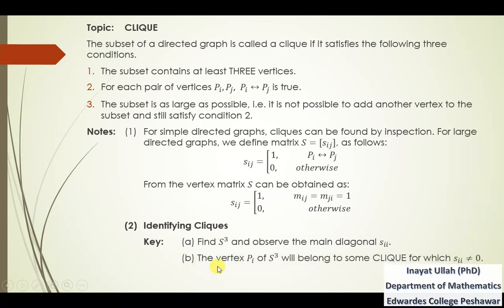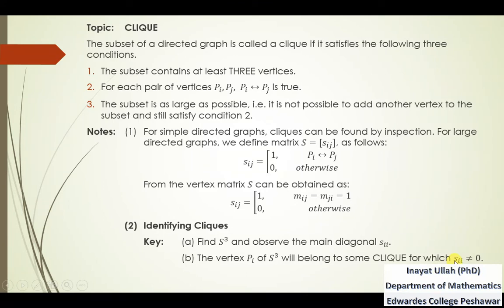Secondly, the vertex P_i of S cube will belong to some clique for which the diagonal entry S_ii is not 0. If S11 is not 0, then P1 will belong to some clique.